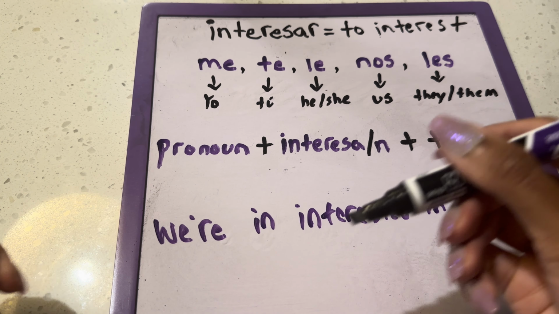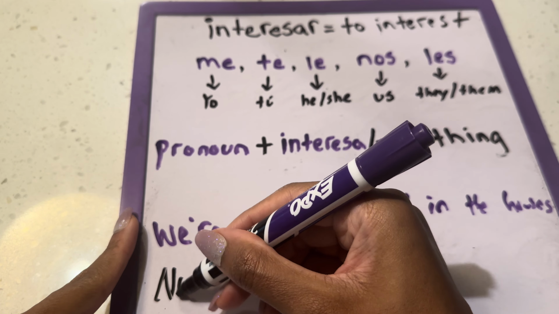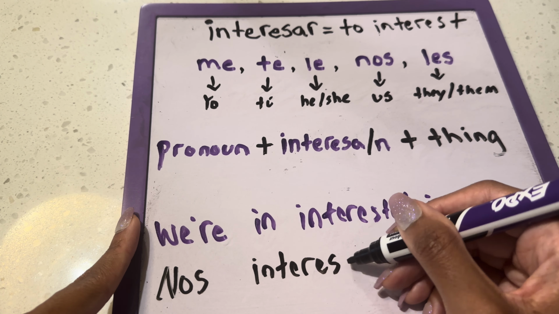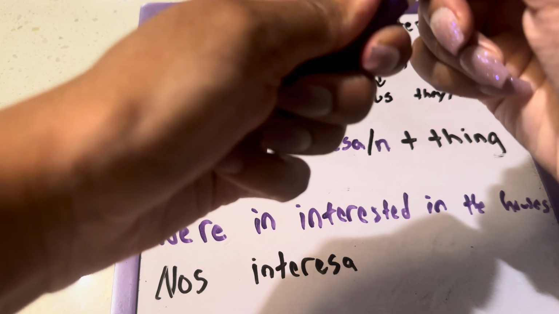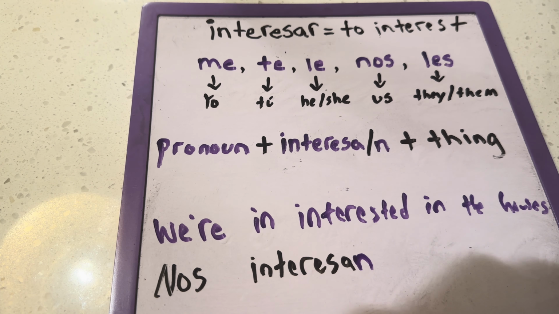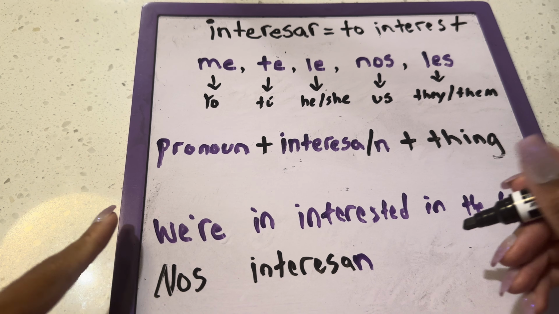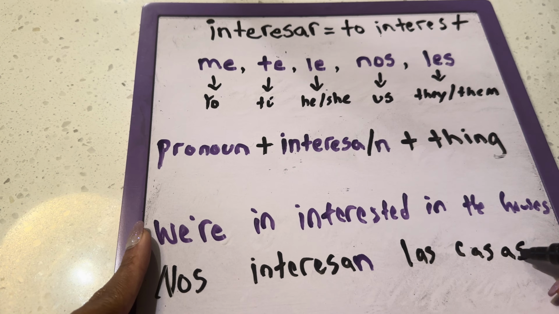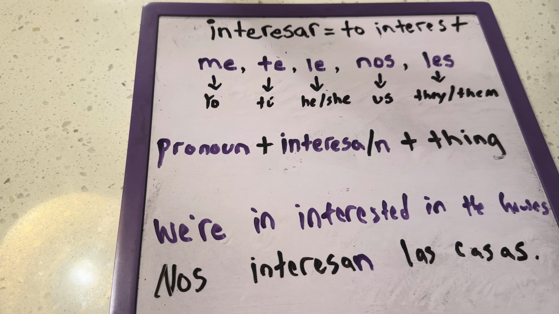So we're still going to say nos interesa, but this time it's going to be with an N. Interesan las casas. See? There you go. Simple. Nos interesan las casas. We're interested in the houses.